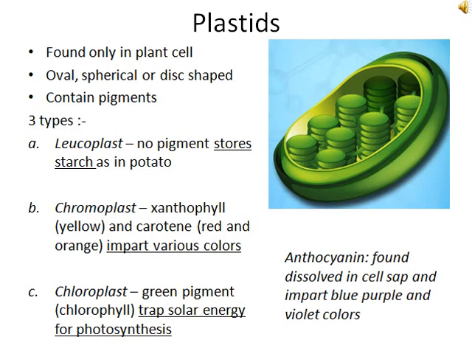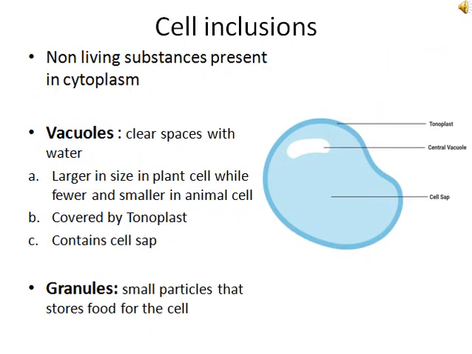flowers, etc. Cytoplasm of the cell contains some non-living substances also. They are called cell inclusions. The cell inclusions found in the cytoplasm are vacuoles and granules. Vacuoles are clear spaces with water. They are larger in size in plant cells, while fewer and smaller in animal cells. They are covered by a membrane called tonoplast.